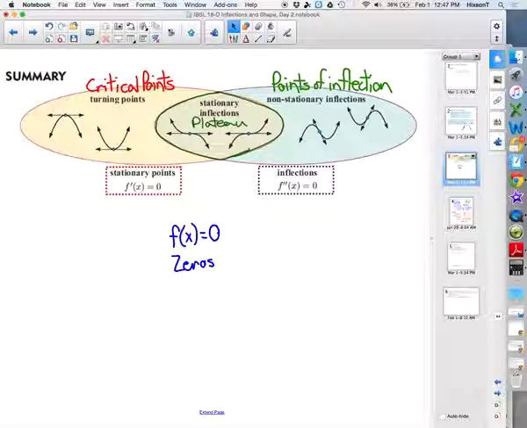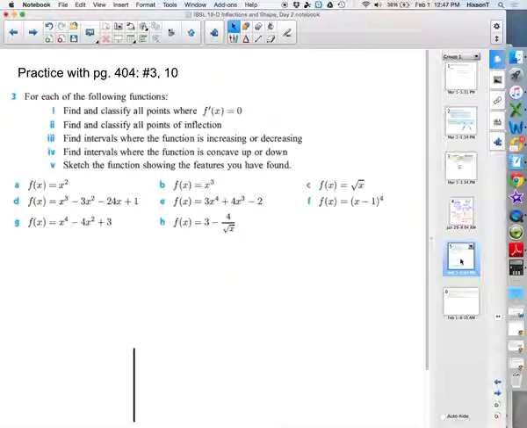So that's just what I wanted to wrap up here with concavity. The rest of our time, I wanted to give you a chance to practice with a little bit of this. You've got A through H, and there's 5 parts for each one. You don't necessarily have to do all 5 parts, but definitely try.